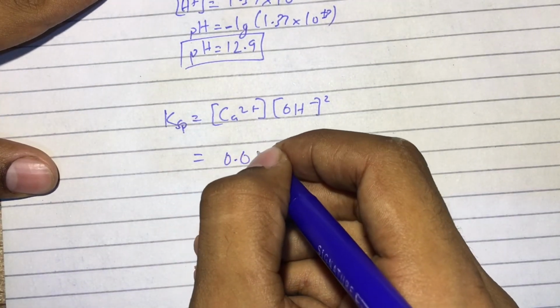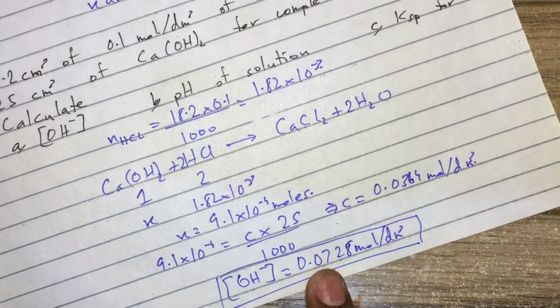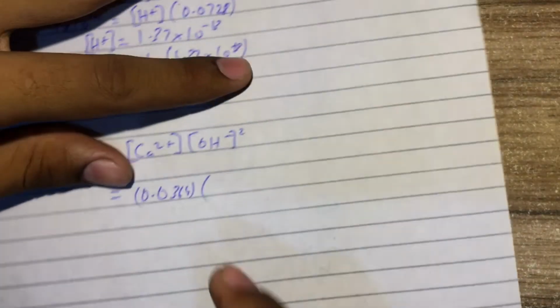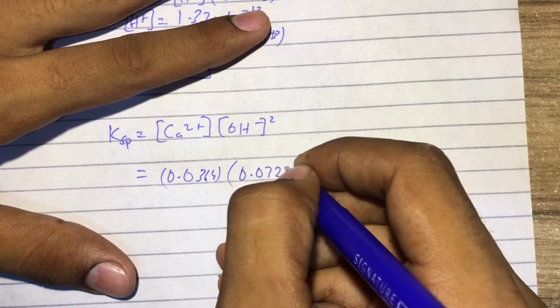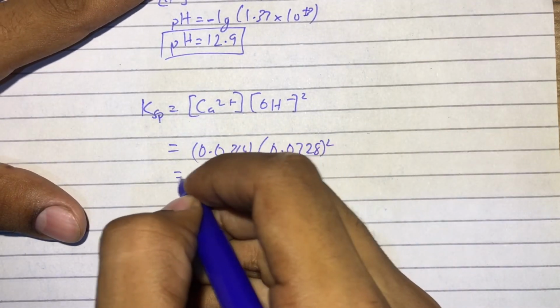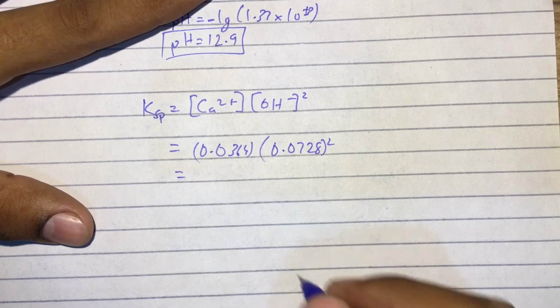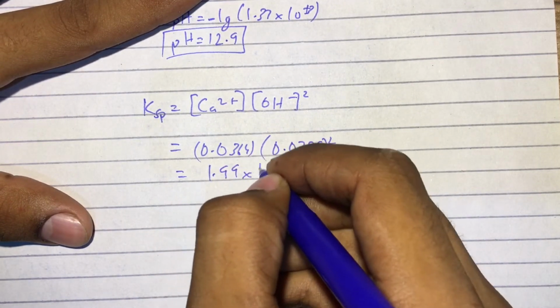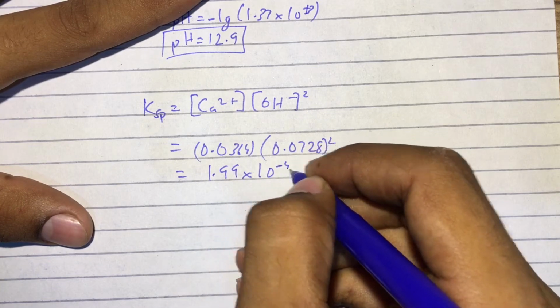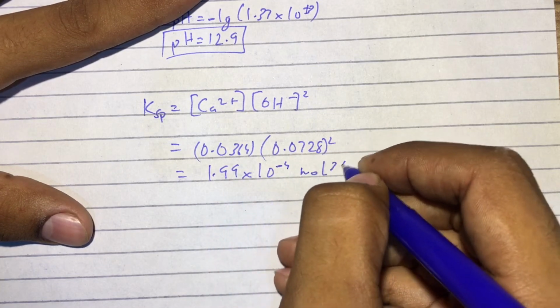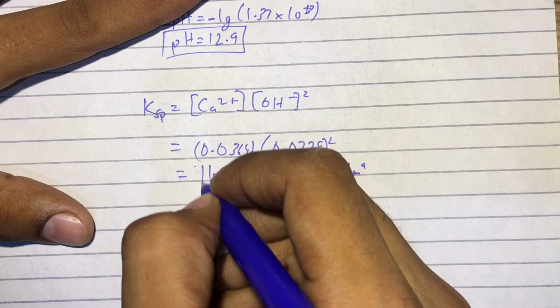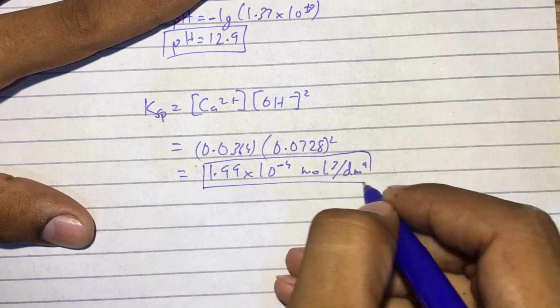So 0.0364, and then the OH negative concentration we found as 0.0728 squared. So this will be 1.99 times 10 power negative 4, and the units will be mole cubed upon dm power 9. I hope this is clear.